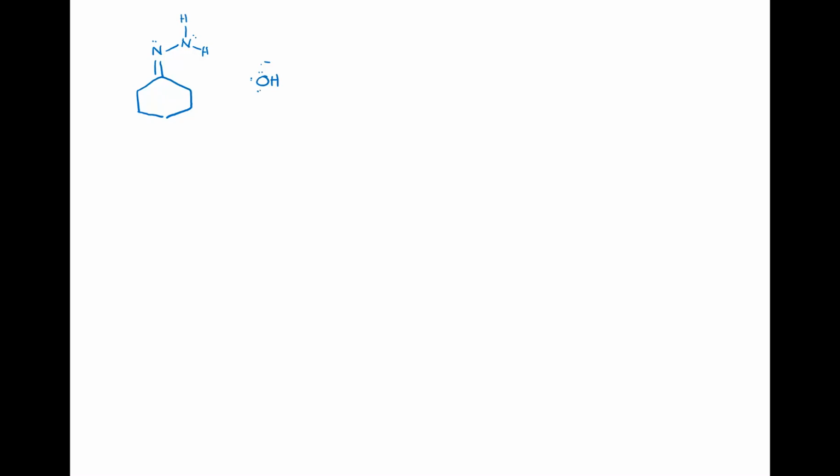And whenever you're under strong base conditions, you're likely to be deprotonating the reactant. And where are we likely to deprotonate? Probably one of these hydrogens attached to the nitrogen. So let's see what that forms.